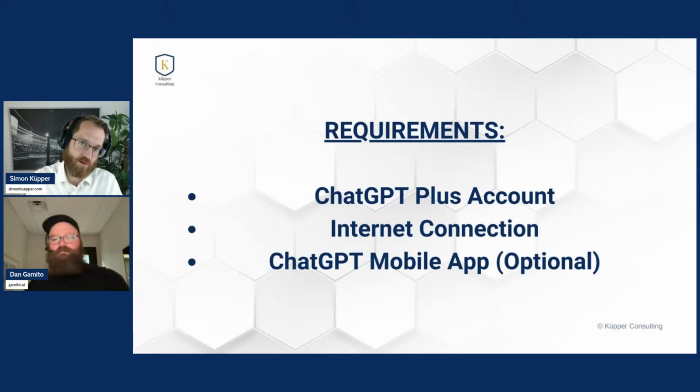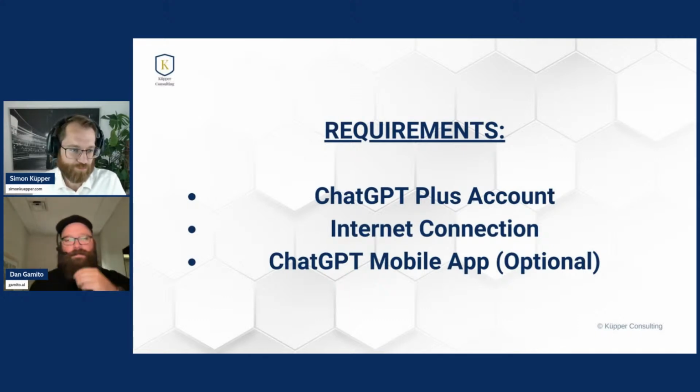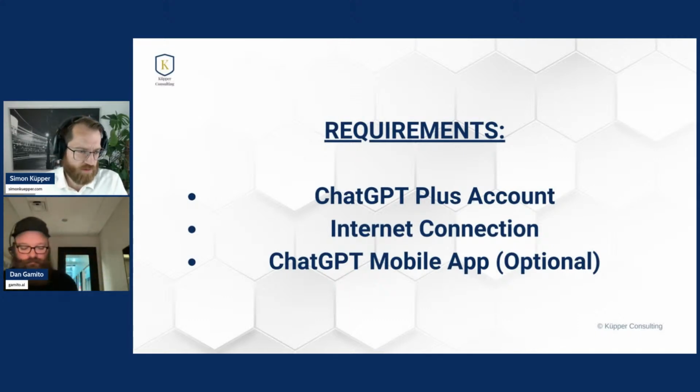And if you want to be able to talk to the product or to the demo, then you need the ChatGPT mobile app on your phone, although that would be optional. You don't necessarily need that now to actually build it. But if you want to try it later on with the voice option, then you need to install the mobile app on your phone. Anything else regarding the requirements, Dan? Did I miss anything?